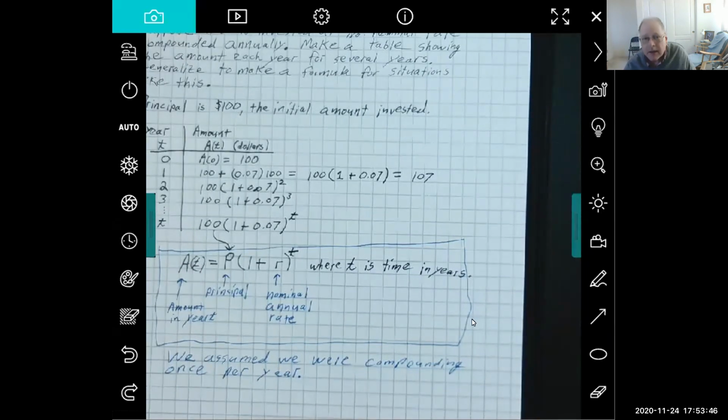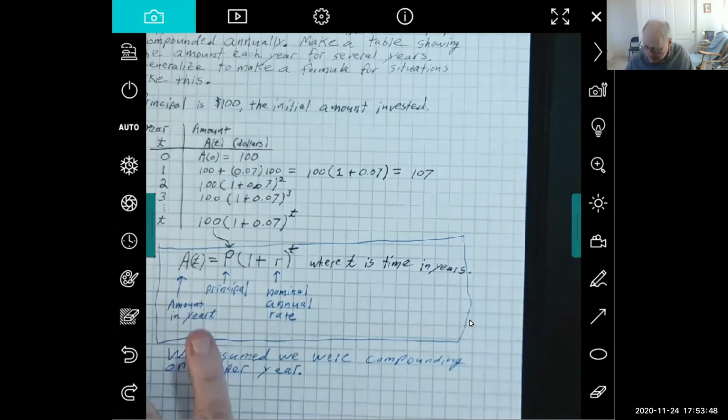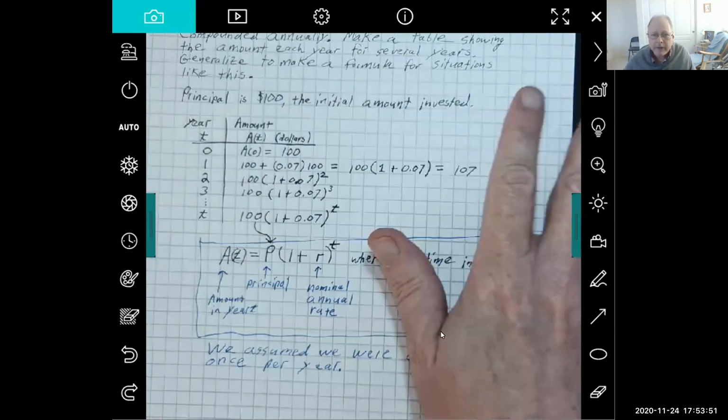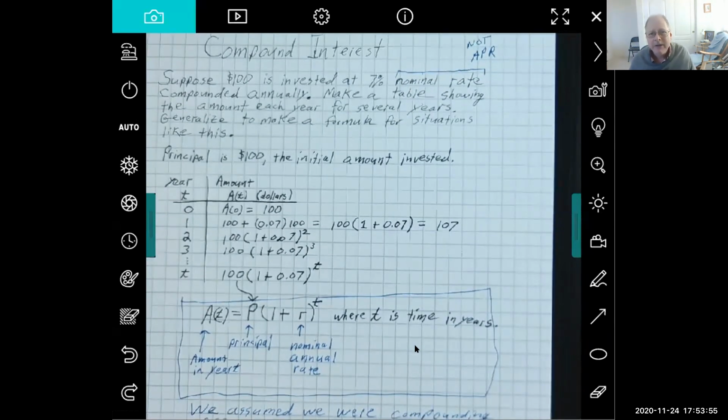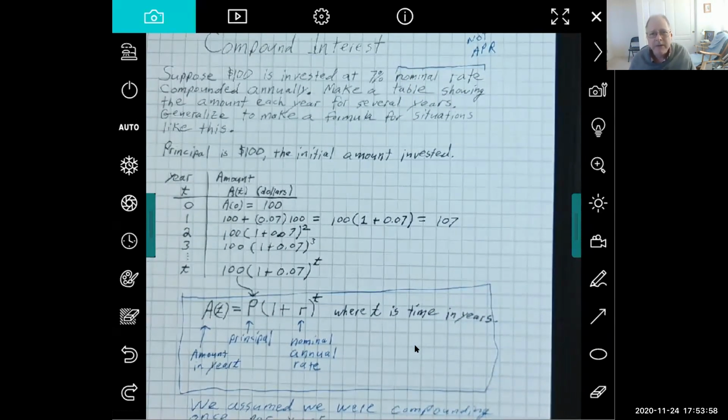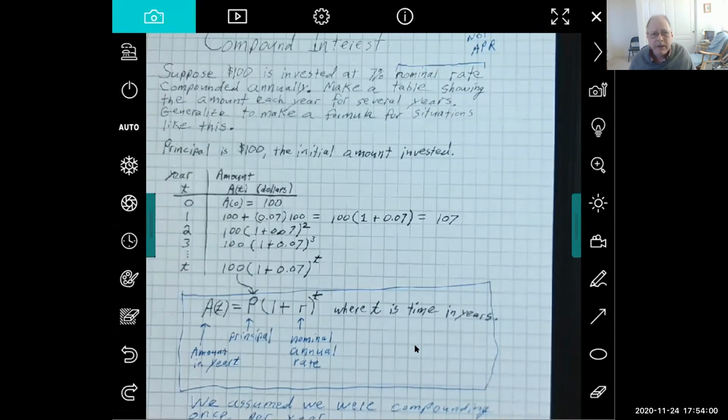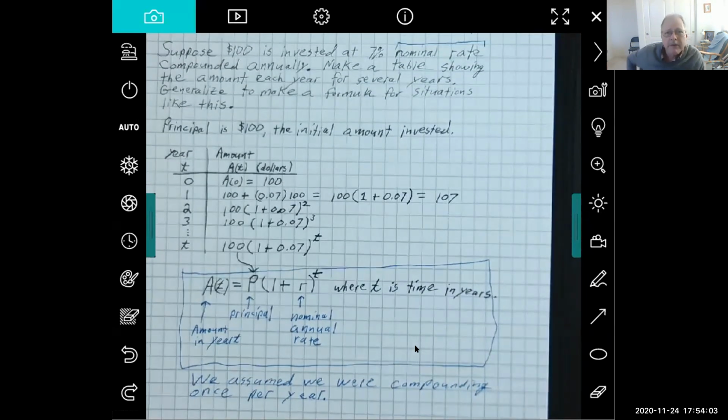Now let's see. I think in a minute, I want to go on and I want to do, well, what if we don't compound once a year? What if we compound once a quarter, 4 times a year, or maybe we do it monthly or daily or something? We'll do that problem in just a minute, because you may be looking at this formula and saying, hey, that's not the one in the book in chapter 11, because they talk about how many times per year do you compound.